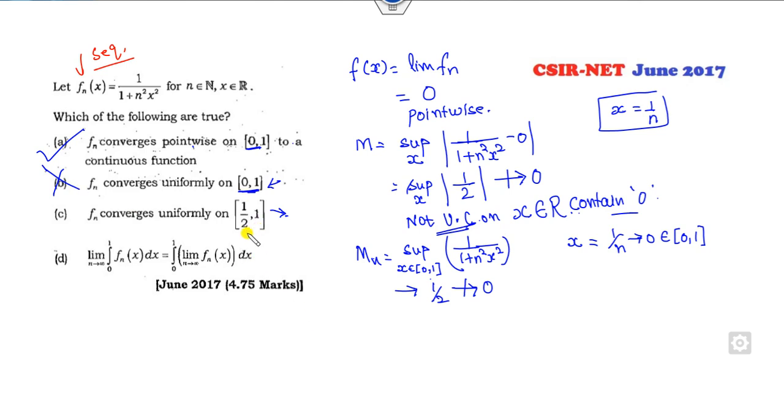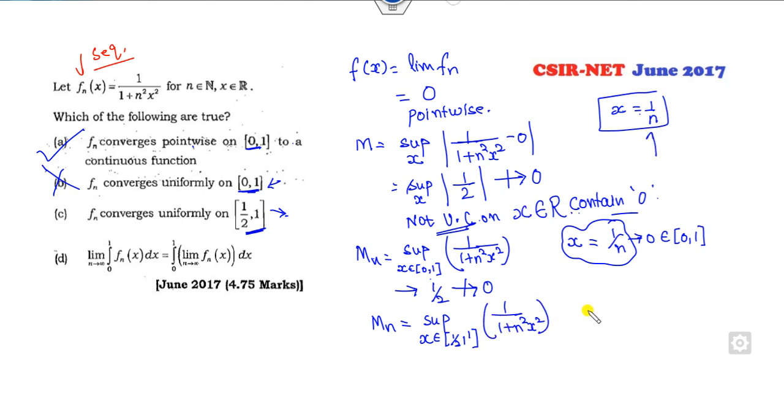It contains 0, so this option is cancelled out. Now since it does not contain 0, I can't take this derivative. So what is the meaning of that? This is my supremum over all those x in [1/2, 1] in this case. So in that case you are unable to take this sequence. Fine.